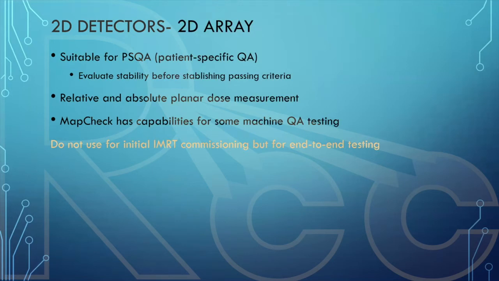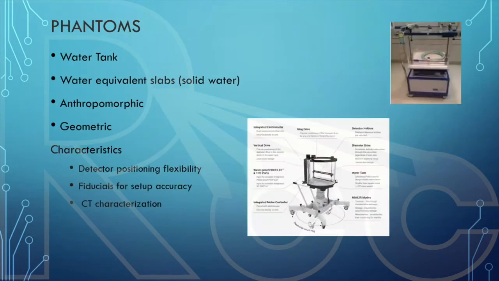In my next lecture, and again, it's going to be specific to my clinic, I'm going to show you how we did one commissioning for one of our TrueBeam machines. And I'm going to show you examples so you have a better picture of all these detector selections.